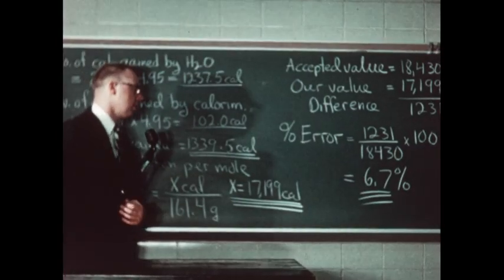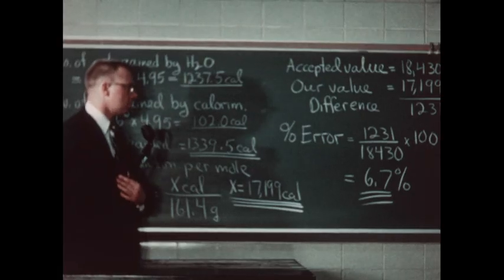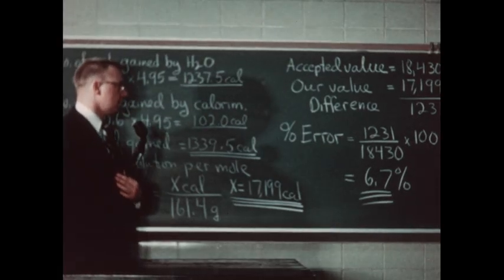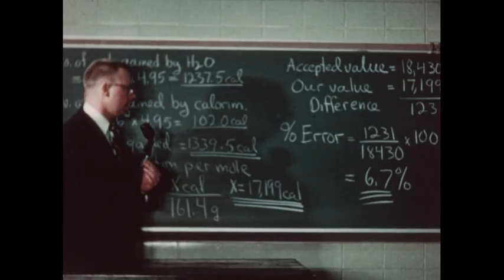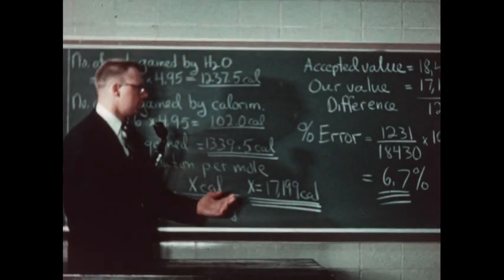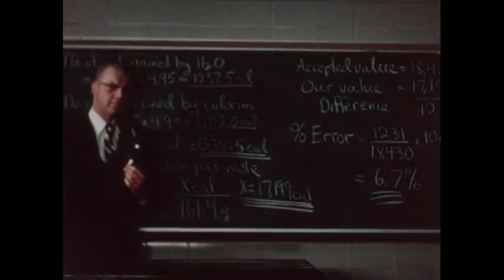And considering the simplicity and almost crudeness of the apparatus, the lack of insulation of the small beaker from the large beaker and so forth, this value certainly is not an excessive error.